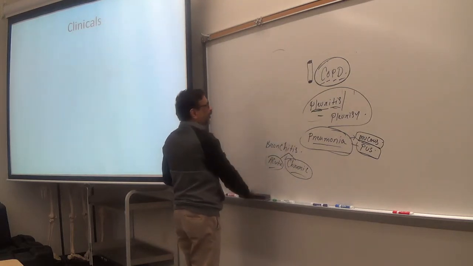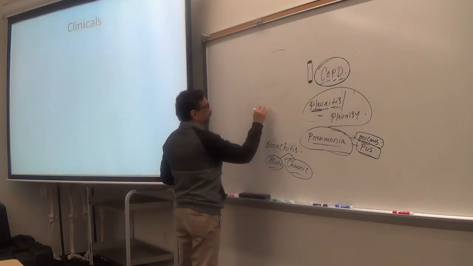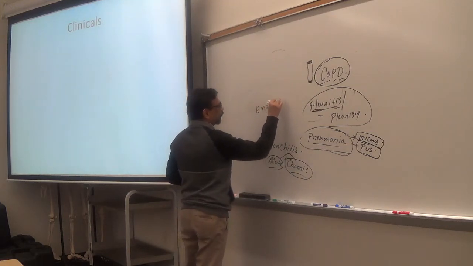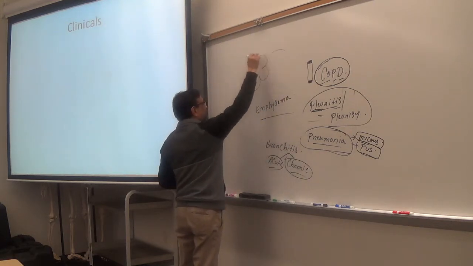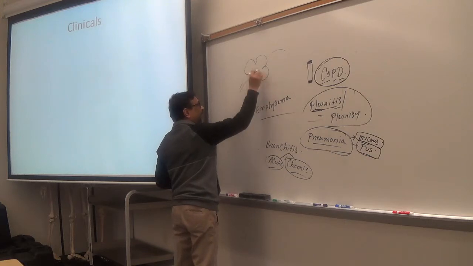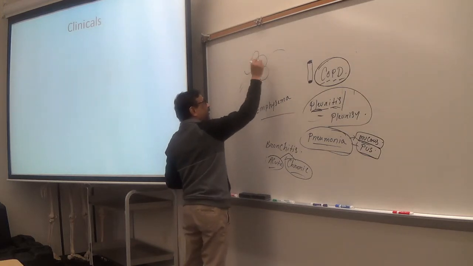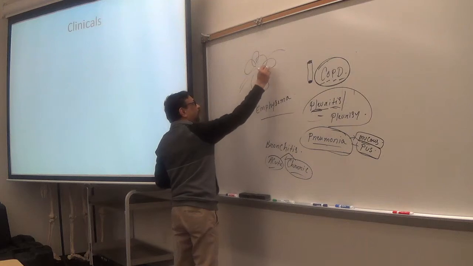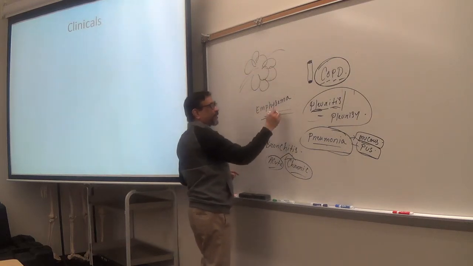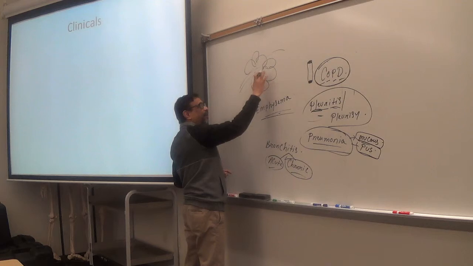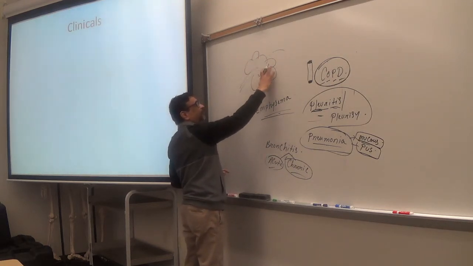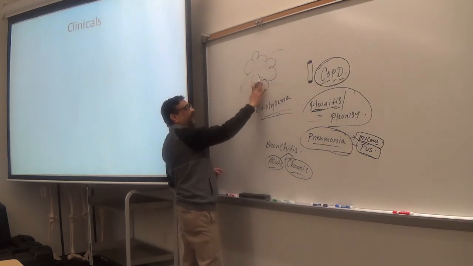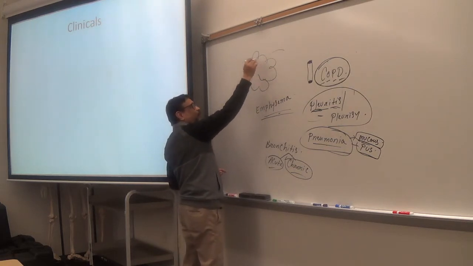Emphysema. You remember the alveoli, alveolar sac, alveolar duct. So these are alveoli here. These are alveoli. Now in emphysema, what happens? Many alveolar walls get destroyed like this. So you see here, the alveolar wall has been destroyed in many of these alveoli.